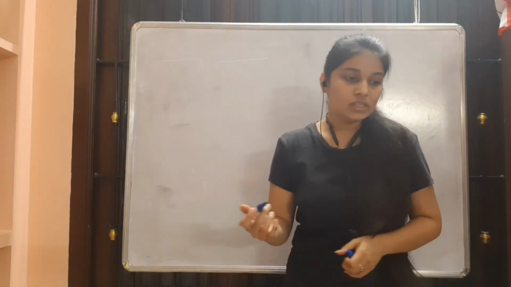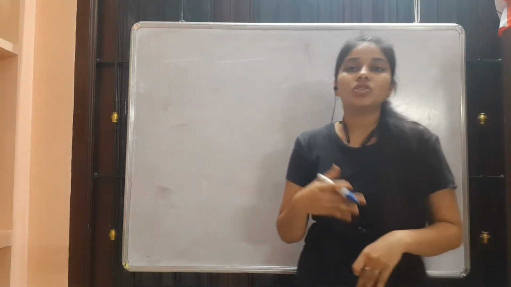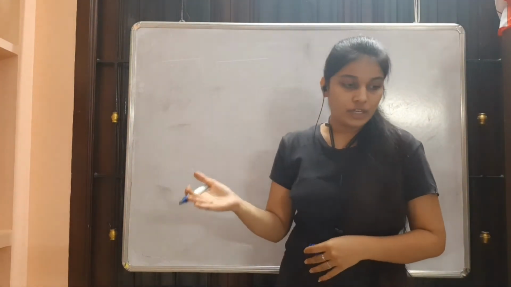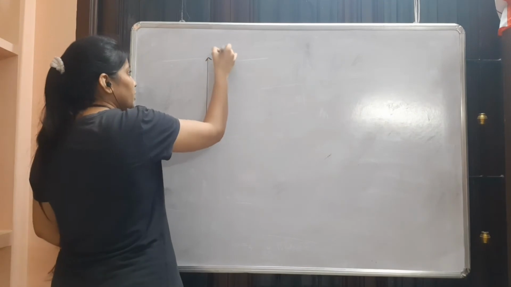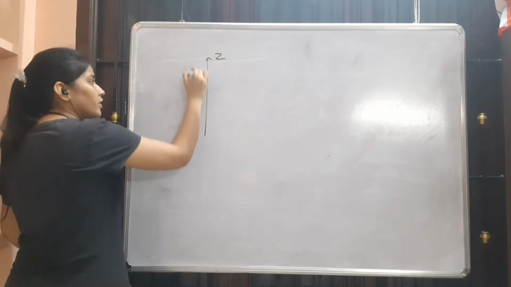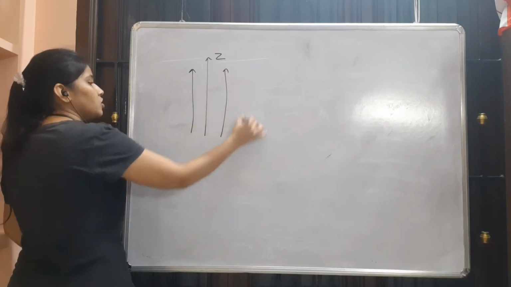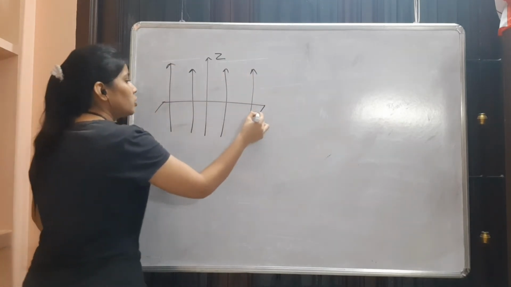The next question is 2.34. They are asking us to draw the equipotential surface for different electric fields that they have given. The first one is a constant electric field in the Z direction. Let us imagine this is the Z direction, and a constant electric field is acting along it.